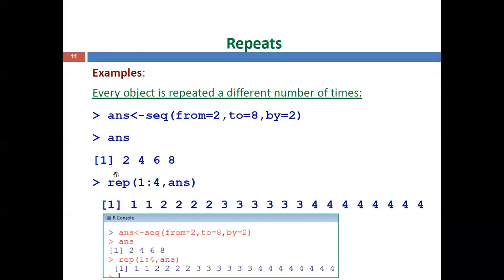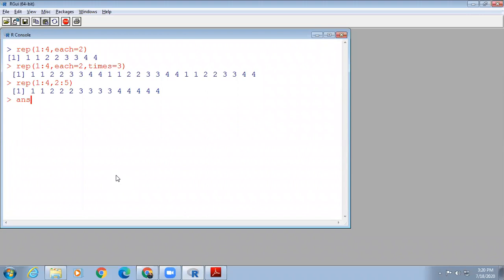First you create a sequence. You store in ANS equal to seq, from equal to 2, to equal to 8, by equal to 2. Now you can call ANS: 2, 4, 6, 8 is the value stored in the ANS vector.